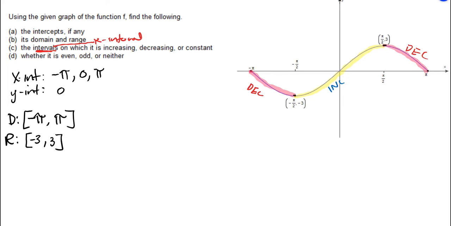So we want to see when this interval starts, which is at negative pi, and this interval stops, which is at negative pi over 2. And that will be an interval that is decreasing from negative pi to negative pi over 2.